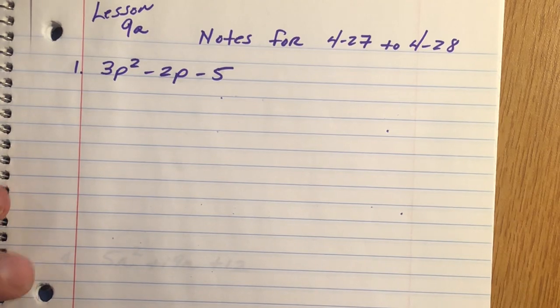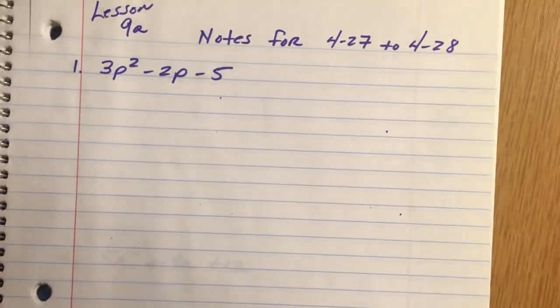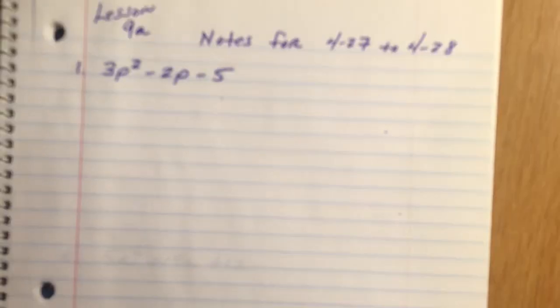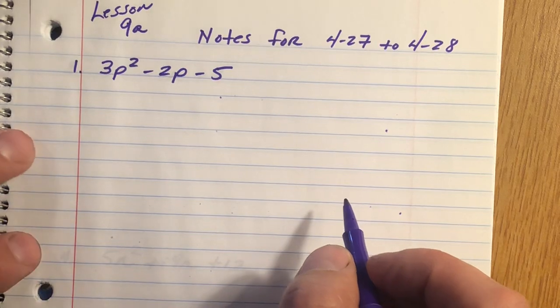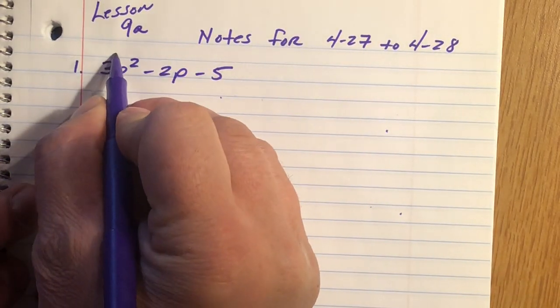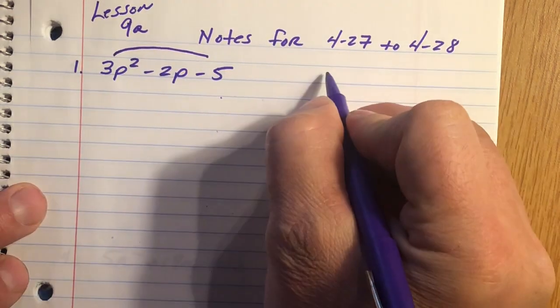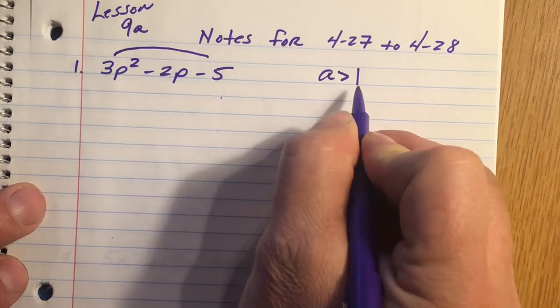All right, let's do the first one. I'm going to use the Xbox method just because that's what I'm used to. We can also do grouping. I'll do Xbox and grouping for this first one. Step number one, always, I'm going to multiply A times C. With today's notes, you'll notice A is going to be greater than 1.